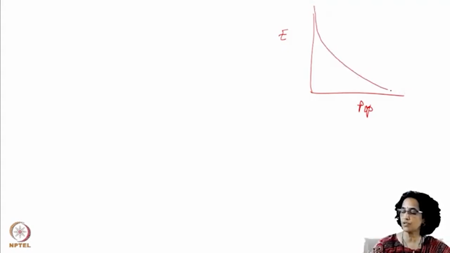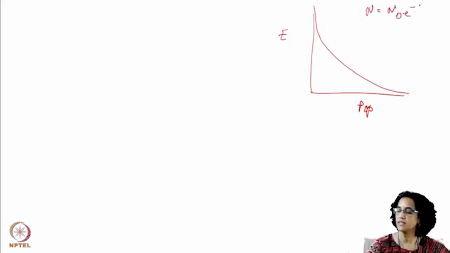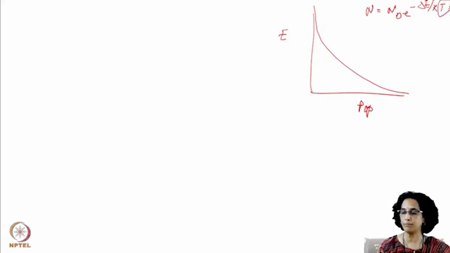So it follows that exponential decay, as we say, N is equal to N0 e raised to minus delta E by kT. So it is definitely dependent on temperature, and therefore, as temperature increases, the population in the higher energy levels also increases. As the temperature increases, the population in lower energy levels reduces and the population in the higher energy levels increases. So what would happen if temperature becomes infinite? What would happen when the temperature becomes infinite?